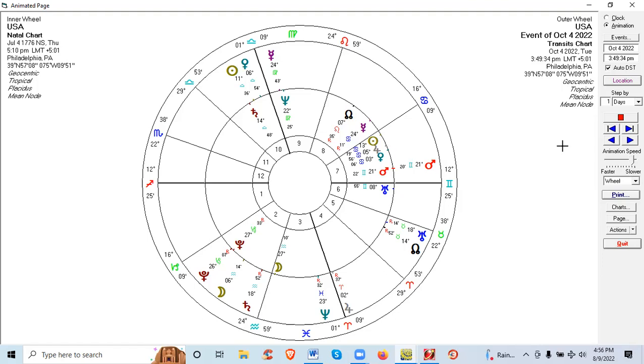So that's kind of shitty as well. The moon had just gone over Pluto, as it's making that aspect to the United States natal Pluto. So that's going to bring up emotional depths, ew.